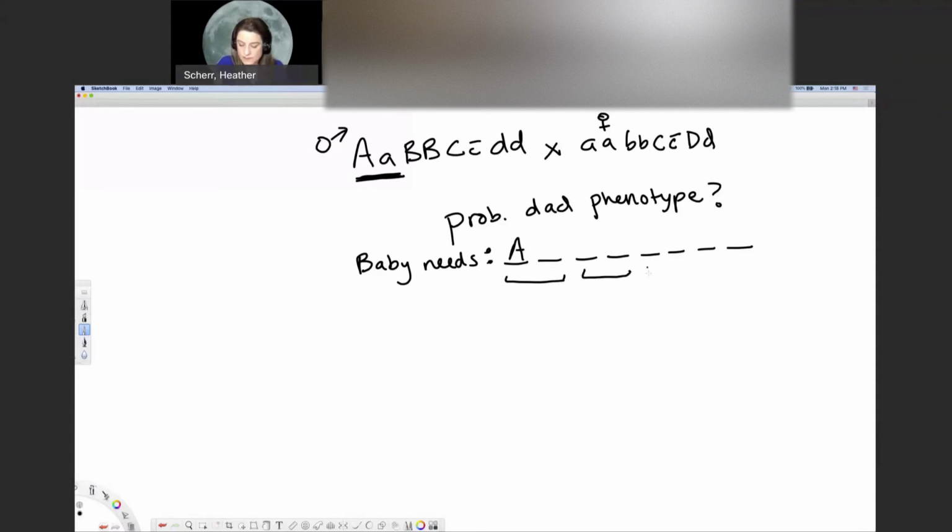And then you do the B's, the C's, and the D's, and then you just do a Punnett square for each cross. And then you see the probability of getting at least one big A. And then you do your B's, your C's, and your D's. So just letting you know not to freak out. You don't have to work through that whole thing.